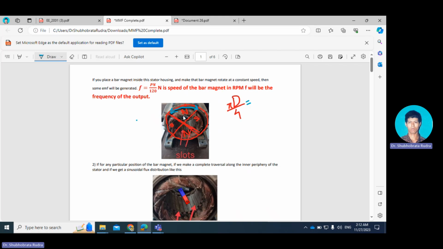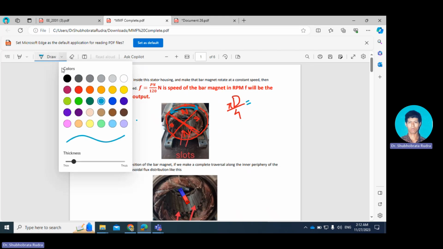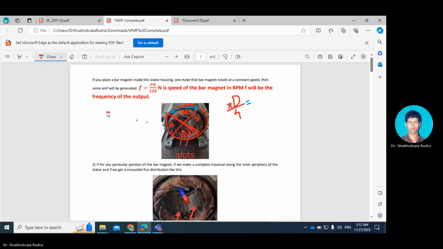One pole pitch means, if you consider the cylinder, like this, and go for its surface development. Let me draw it on this side.